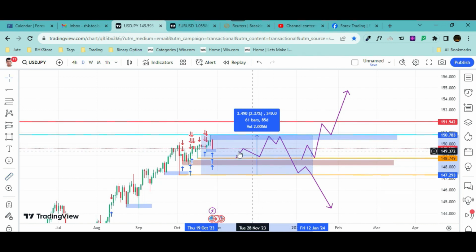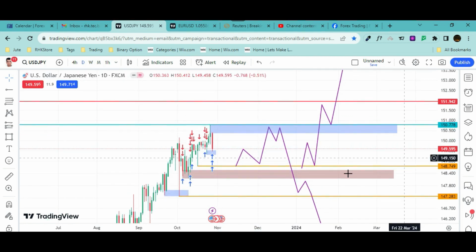The price should at least come to this zone here, and it will retest. If the test fails, then it will try to go upward. And if this zone retest fails, then it will come down and break this zone. Then it will try to break the next zone and retest.